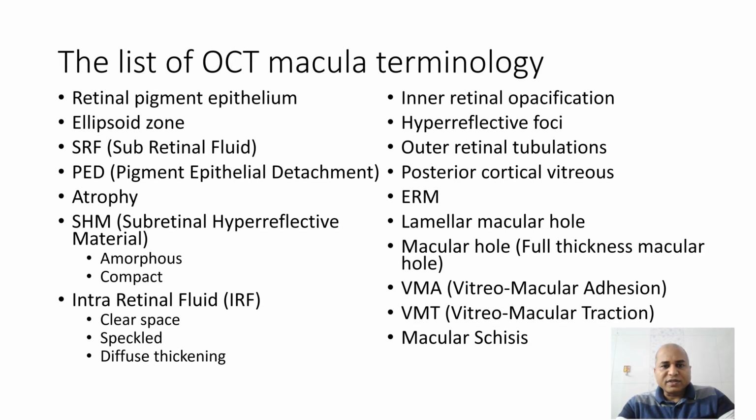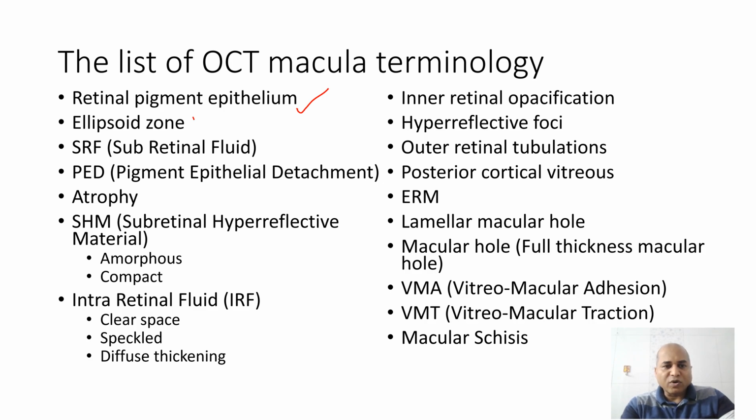A list of OCT macular terminology. Here we will just introduce these terms, which we'll keep on learning as the slides proceed. So we have retinal pigment epithelium. This is one of the layers of normal retina, which we already know, and this is visualized on OCT.